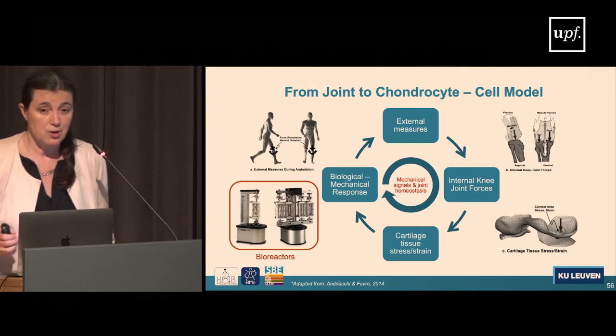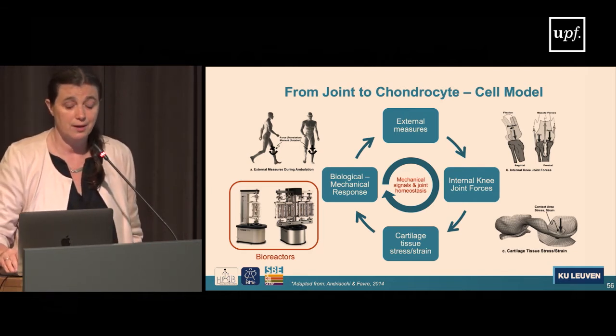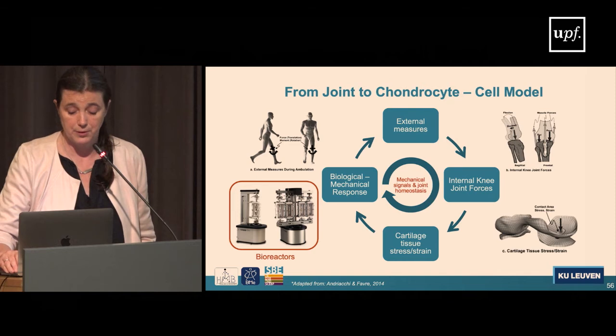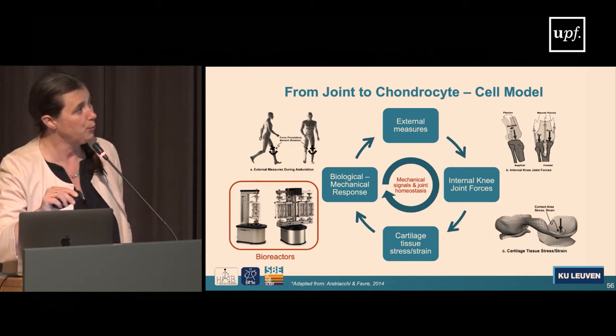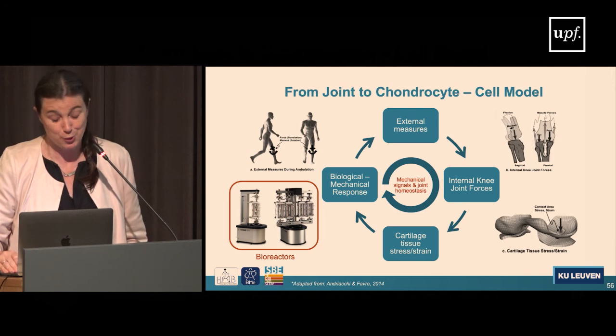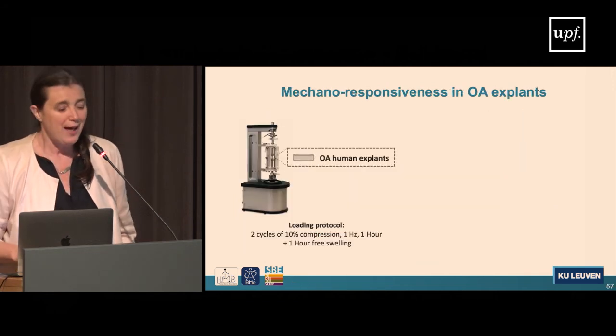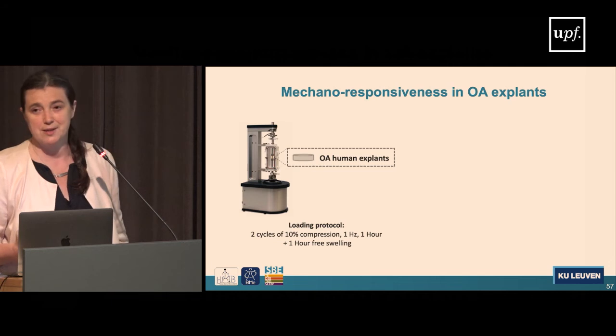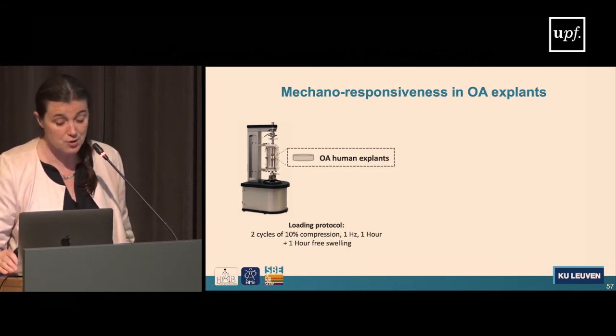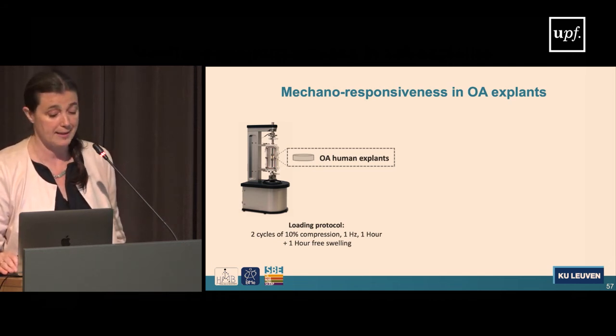So this brings us to the last part, where we are going to dive a bit into the cell model. And as I said, we have not closed the loop, but this is the closest we come to closing the loop. So we have been working on documenting the mechano-responsiveness of the cartilage tissue and the cells in OA explants.